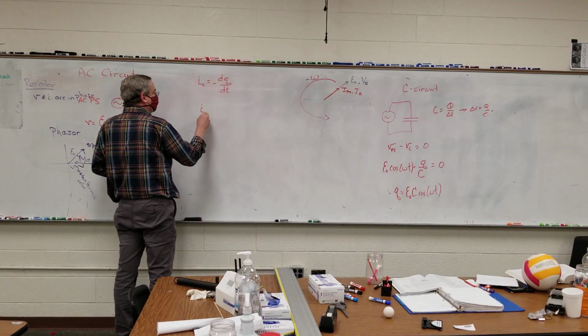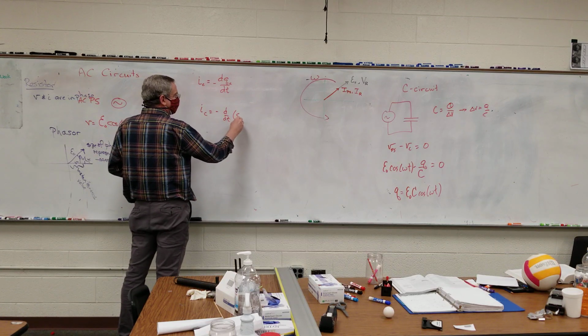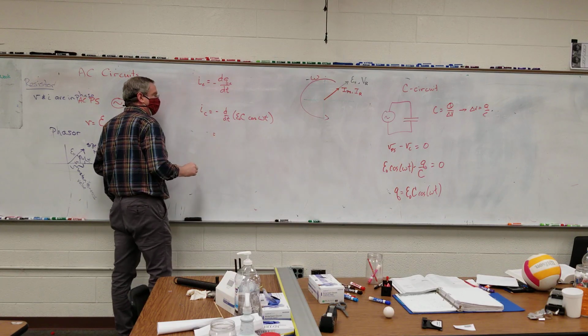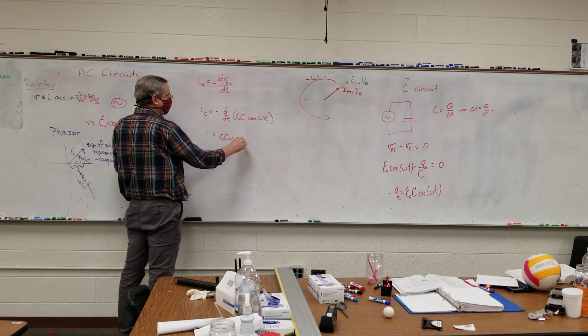And so I sub c is equal to the negative time derivative of epsilon sub naught c cosine of omega t, which is epsilon sub naught c omega sine omega t.